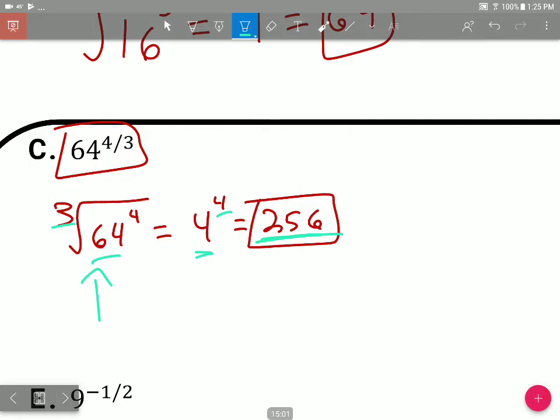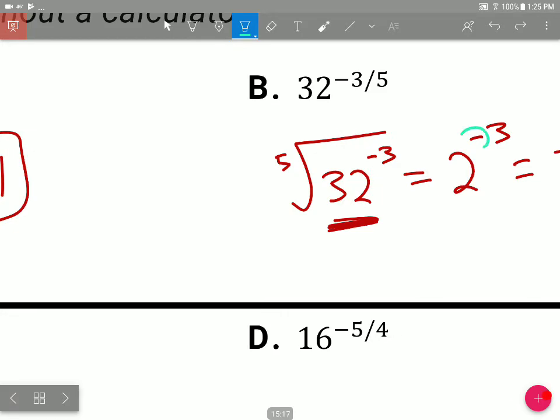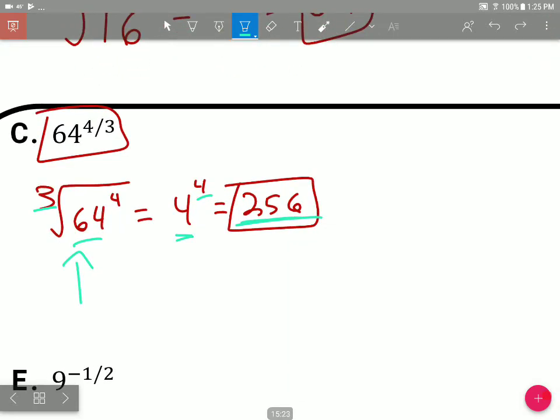And then we don't put the 4 as a fraction anymore, because there's no negative exponent. The only reason we did the other one that way is because this guy was negative right there. So if it's a positive exponent, it's on the right side. We don't have to change it. If it's a negative exponent, we do need to move it. That's what's going on. Okay?